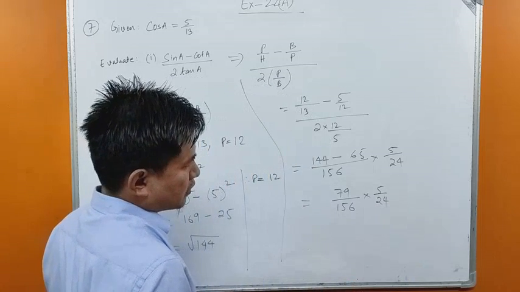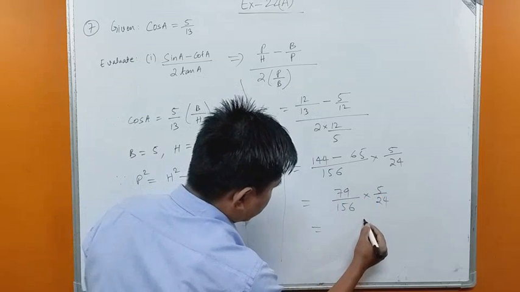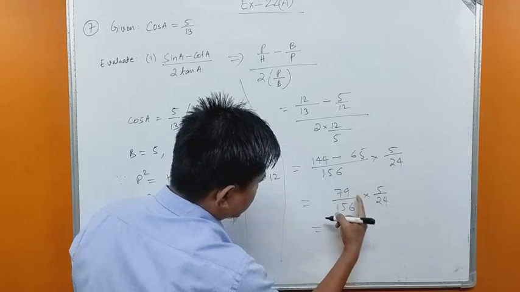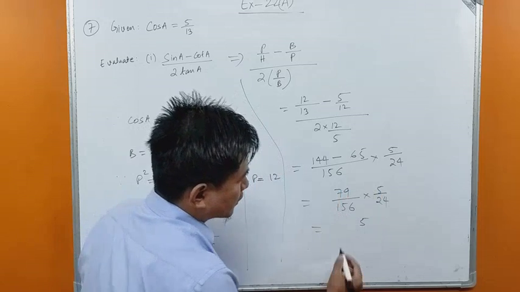We cannot cancel these numbers, so let us multiply 79 into 5, which is 395.